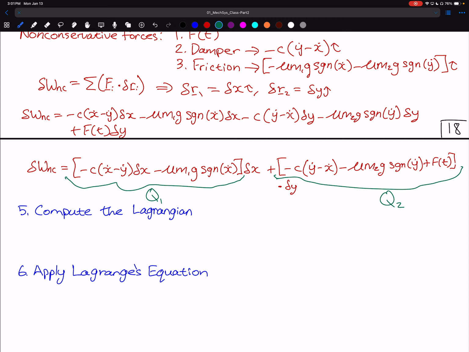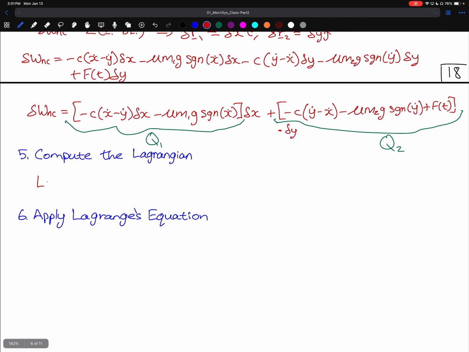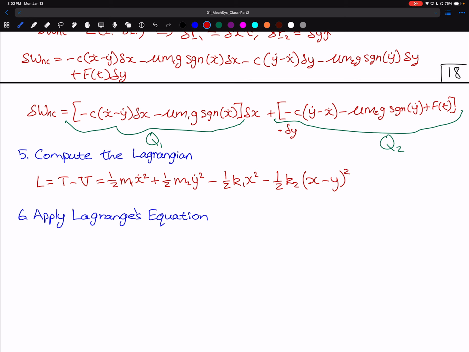From here, we're going to compute the Lagrangian. We'll say L is equal to T minus V, which is equal to 1/2 m1 x dot squared plus 1/2 m2 y dot squared, minus 1/2 k1 x squared, minus 1/2 k2 (x minus y) squared.